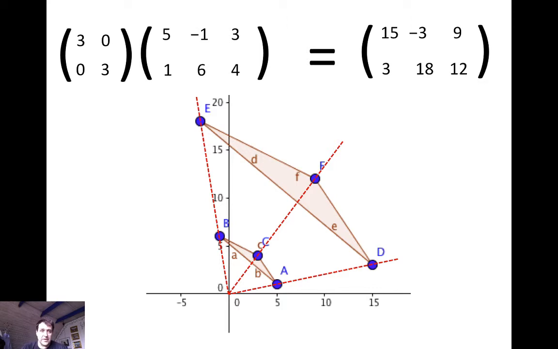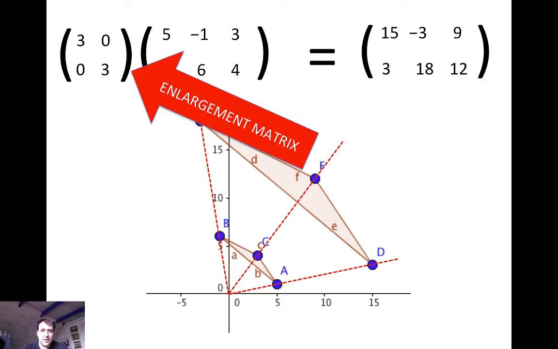So it's a scale factor 3 enlargement with the center of enlargement 0, 0. And there it is, enlargement matrix. So generally, all zeros except for a number down the leading diagonal, and that number is the enlargement scale factor.